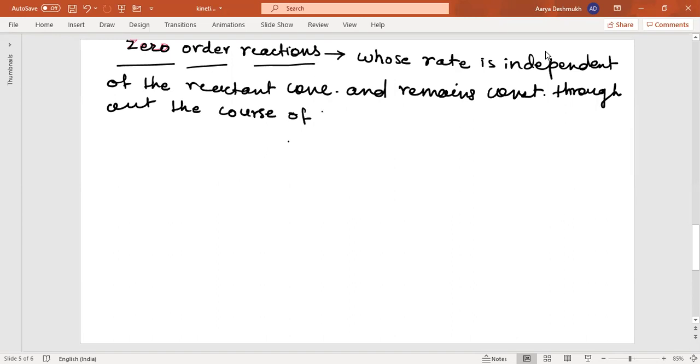So it remains constant throughout the course of the reaction. So this is nothing but the zero order reaction.